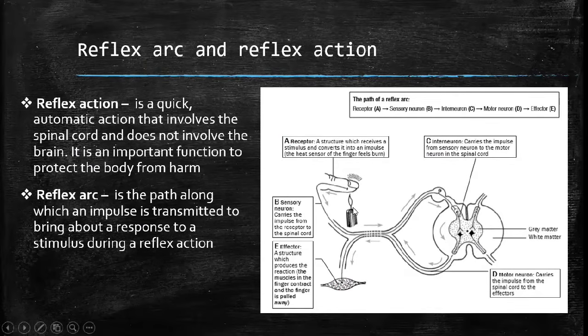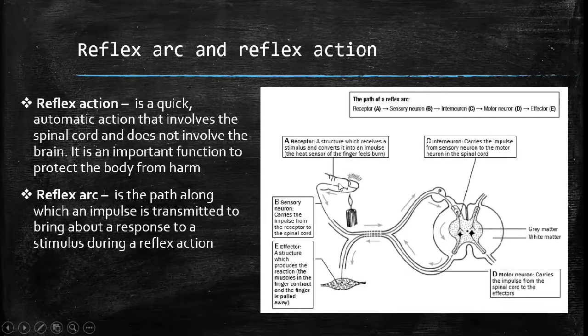When you look at the structure here, you see this person, there's a candle there, and there's fire there, which produces heat. Now, when you expose your fingertip to this fire, what happens? Because this fire is very hot. This particular structure is called the receptor, because it receives the stimuli, it receives the heat from the candle, which is in the environment.